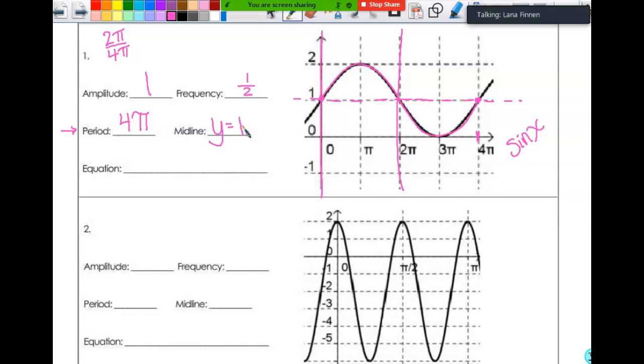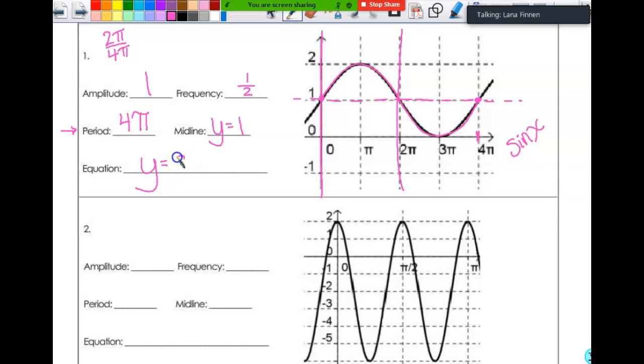One of the reasons I'm re-recording right now is because I've always done this with f of x, because it's a function. But when you write it in Delta Math, when you have to put in the whole thing, including the y, if you put in f of x, it counts it wrong. I didn't realize that until last period. So we're going to write all of ours with y's. So y equals, but f of x is appropriate as well. Amplitude, which is 1, so I don't write it.